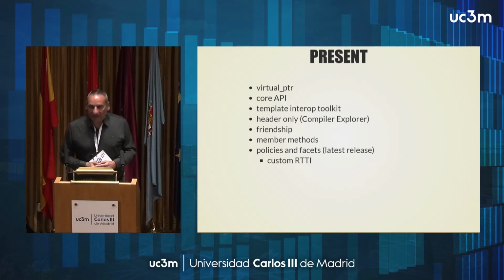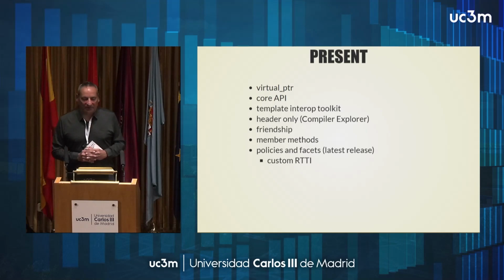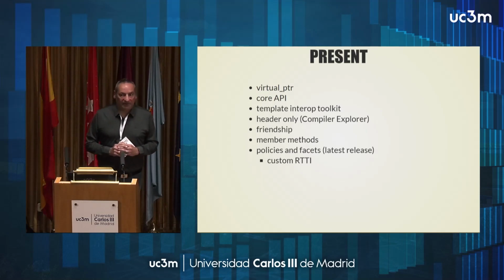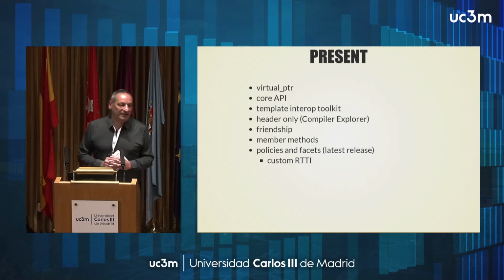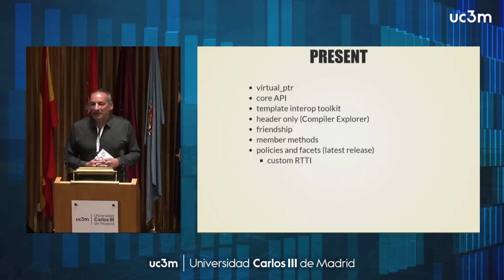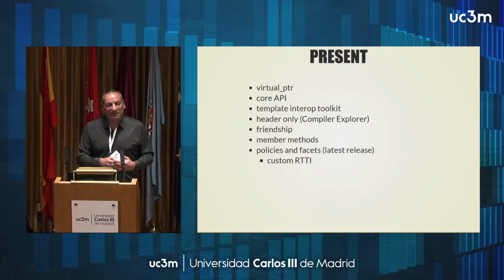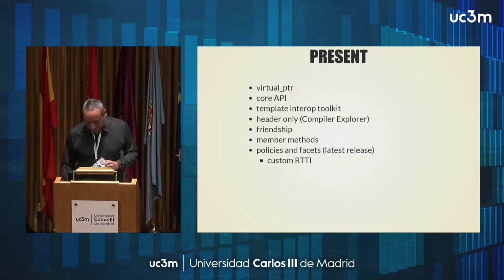For example, I use type_id in the library, but in some contexts that is unacceptable. Game developers, for example, disable RTTI, and they use custom RTTI instead. Well, now this is handled by the RTTI facet of the policy, and you can plug in your own.